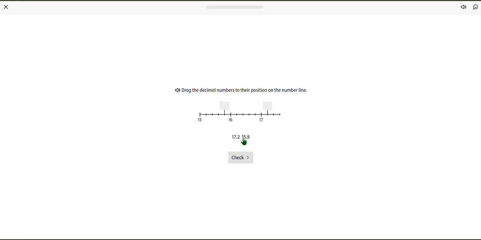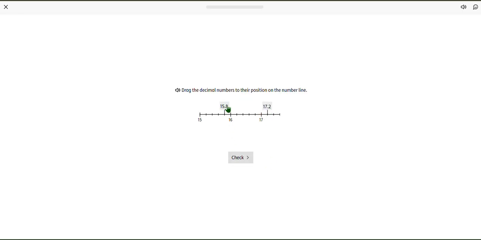So I see a 15.8, or 15 and 8 tenths, and I see a 17.2, or you could say 17 and 2 tenths. I'm going to focus on the 15.8. I'm going to put it between the 15 and 16 because I know it goes between those two. Now, the 17.2 will go after the 17 because it's bigger than 17, and we're going to put it there.